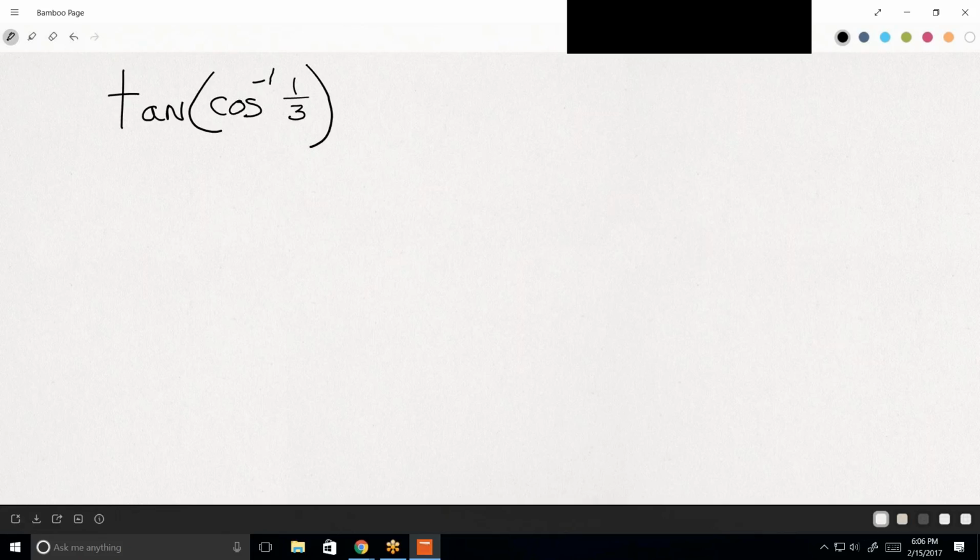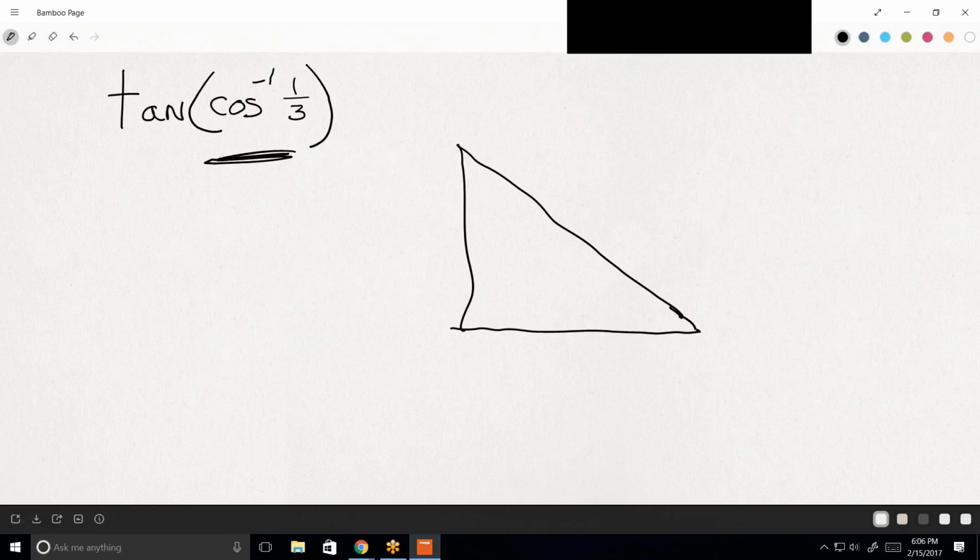The first one is tangent of the inverse cosine of 1/3. This is an angle, right?